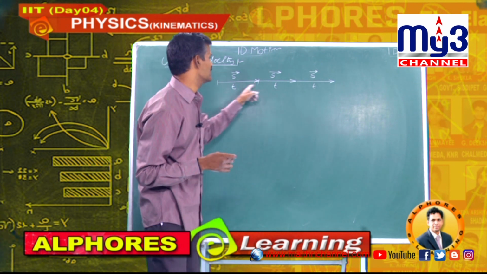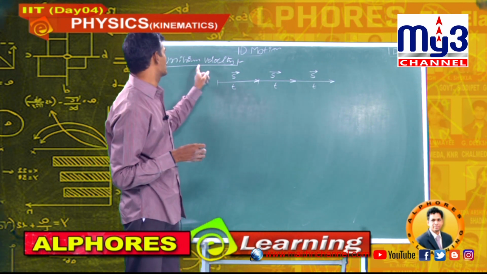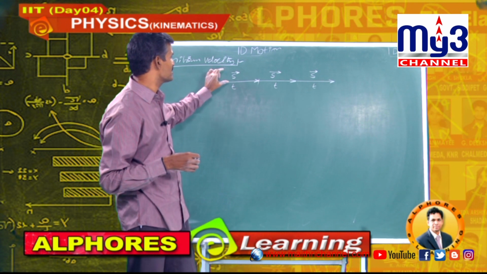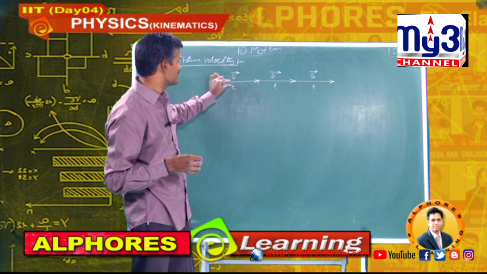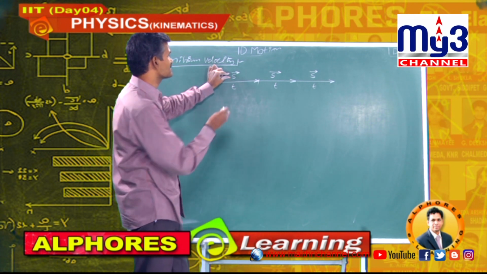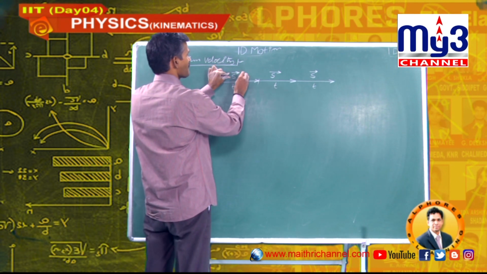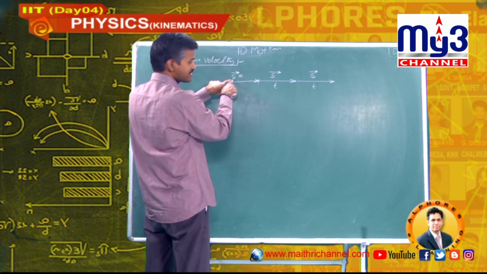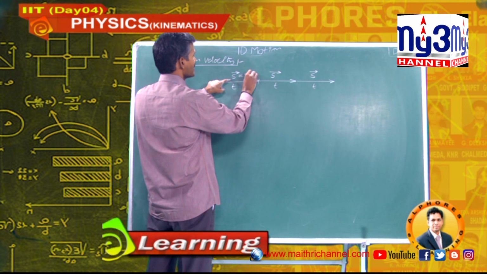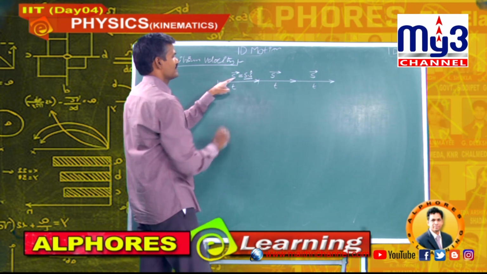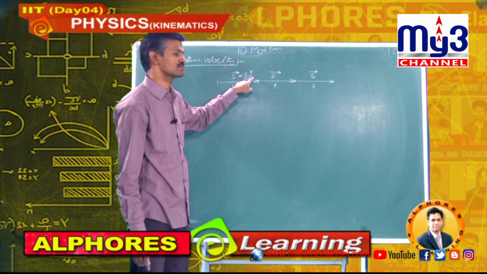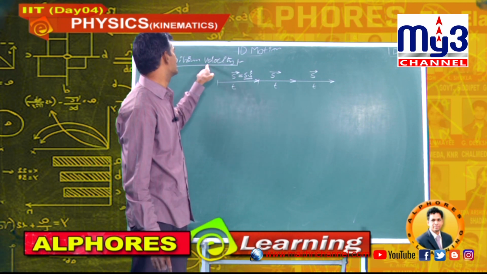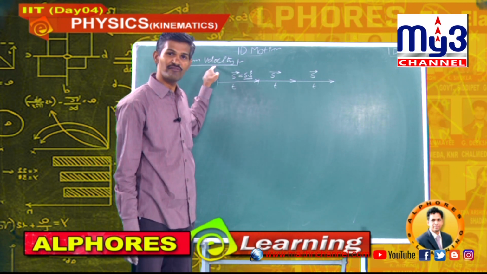Displacement is a vector quantity, so its magnitude and direction must both be the same. Otherwise, this velocity will not be uniform velocity.